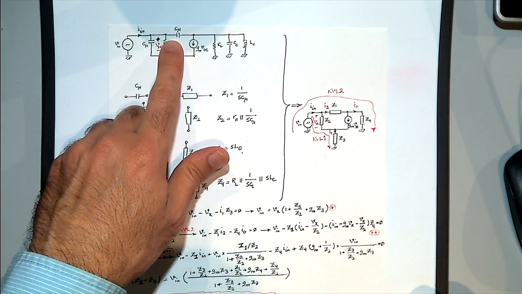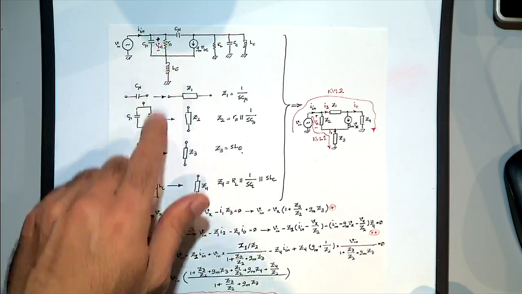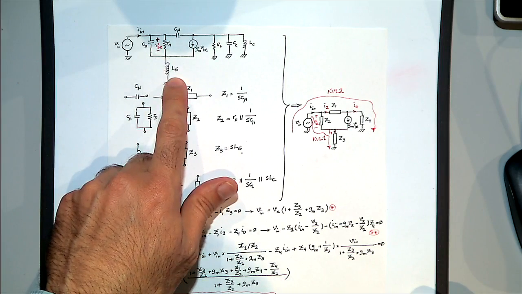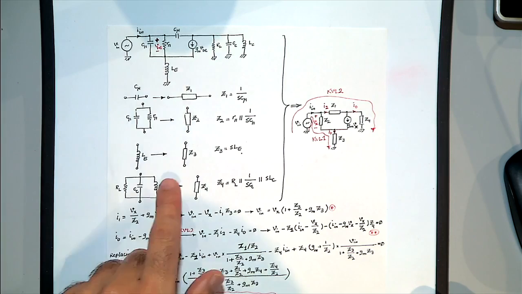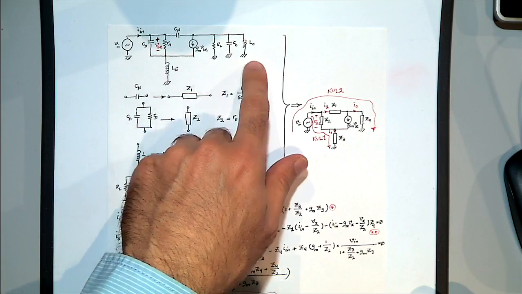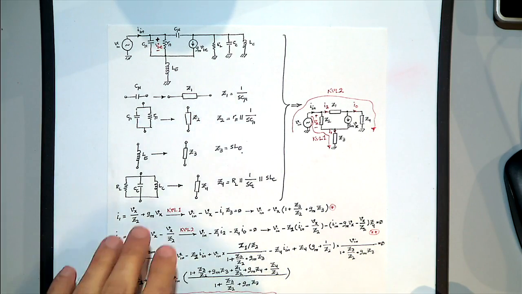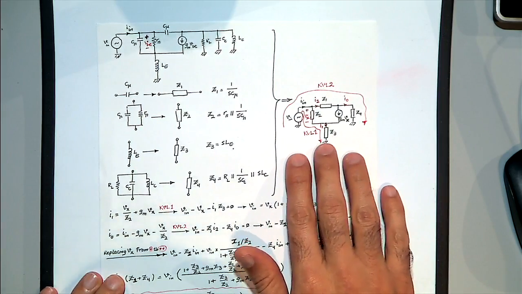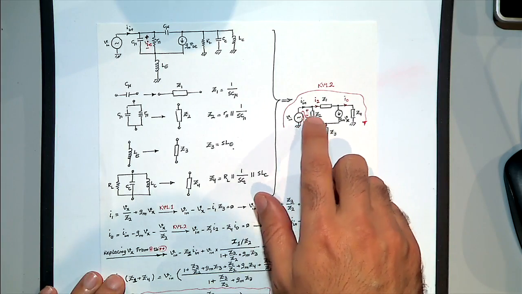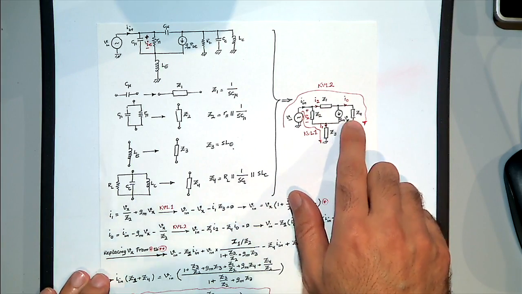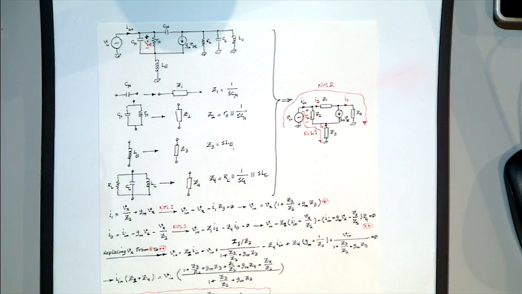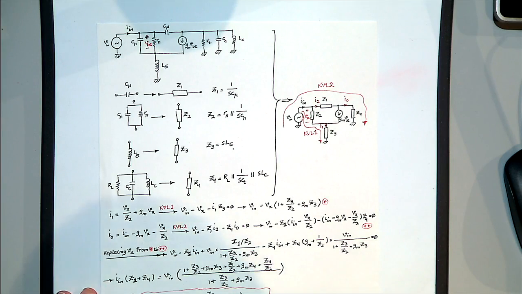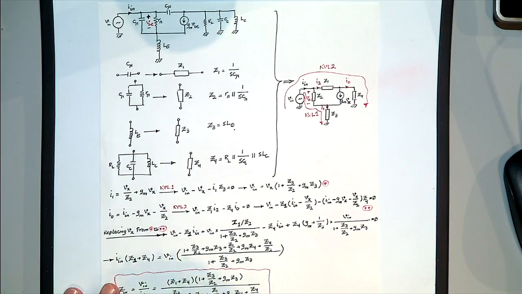I put C mu as Z1, LE as Z3, and then the output loads in parallel as Z4. Okay, so then we can simplify this circuit into this one, with Z1, Z2, Z3, and Z4. Just consider that this RE and CE are negligible in the high frequency or small signal model analysis.